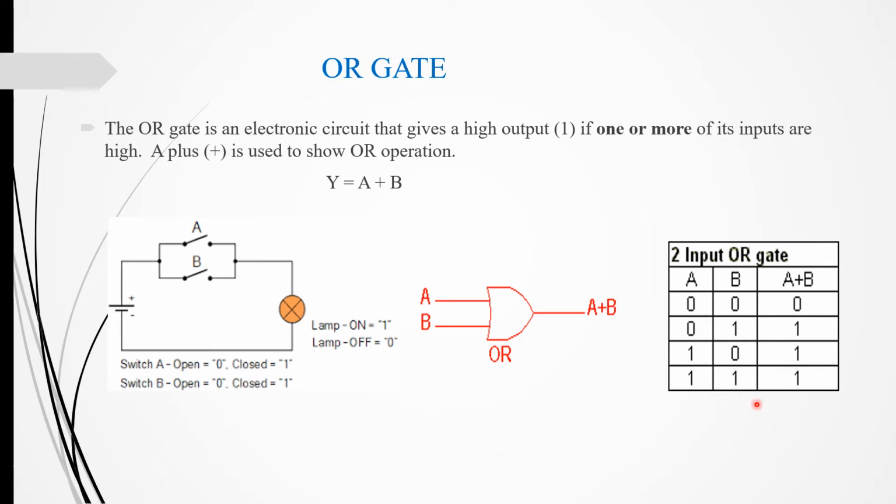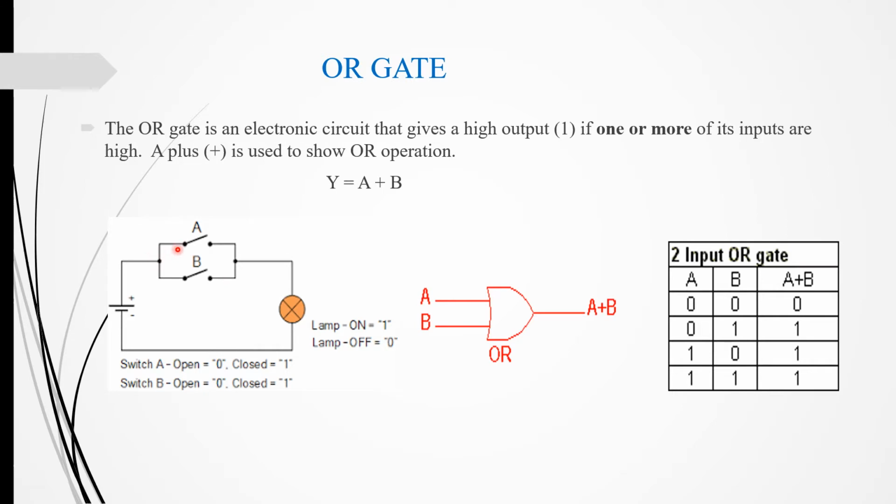Here in the truth table you can see that if any one input is 1, then its output is 1. If all inputs are 0, then only its output is 0. This is switching circuit of OR gate. Two switches are connected in parallel.